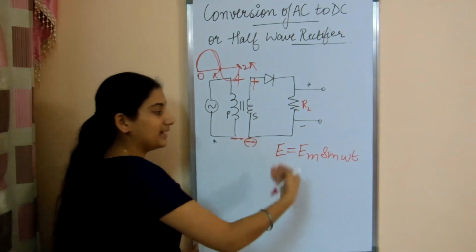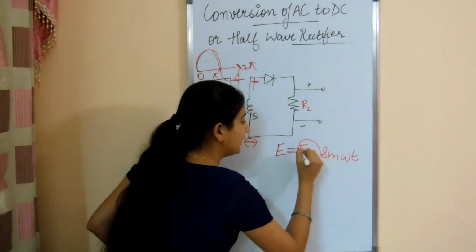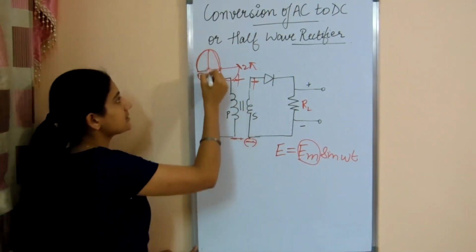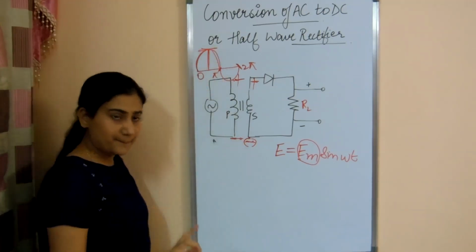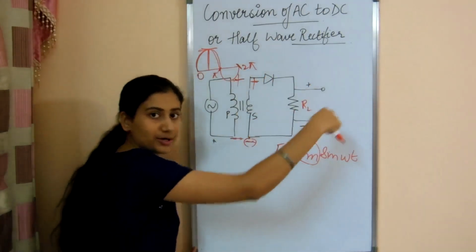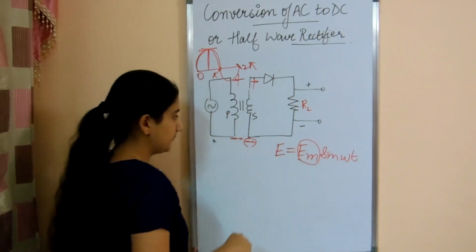And we know that obviously it will have some peak value, so this is the peak value represented here. Suppose this is the voltage graph, so that is the peak value and it varies according to the sine function. So this is the representation of the AC voltage.